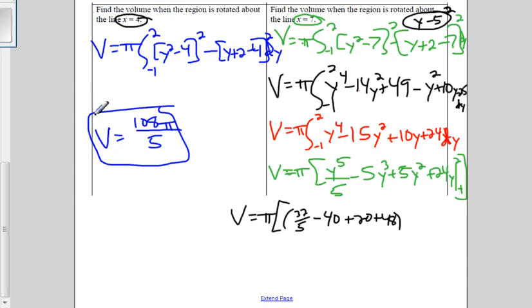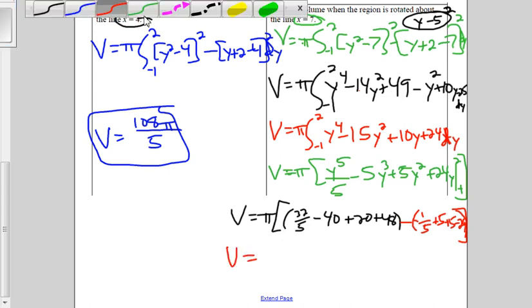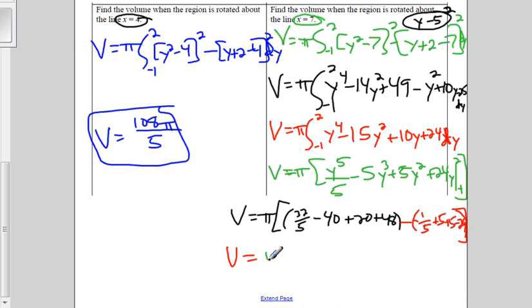So let's do that. This is what we get when we put in the 2, and you'll notice we're getting a lot of fractions, obviously. So just add another step. Let's keep going. We're subtracting the quantity negative 1/5 plus 5, and that's a minus 24. Sorry about that. So let's combine all the fifths: 32 fifths plus 1/5 will be 33 fifths, times pi.